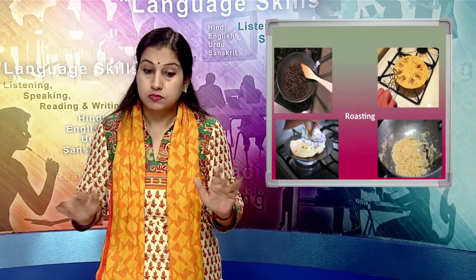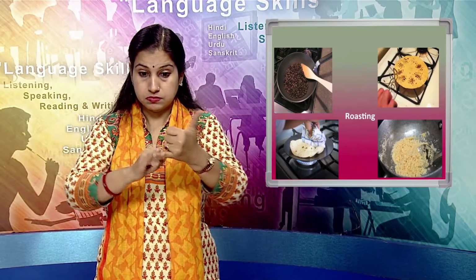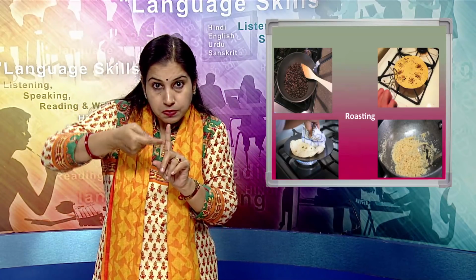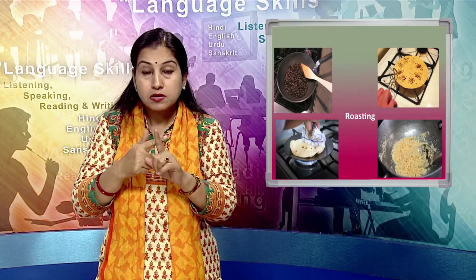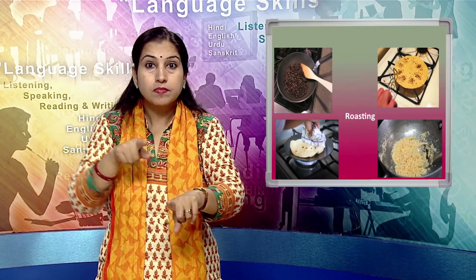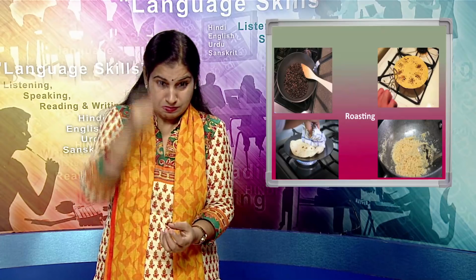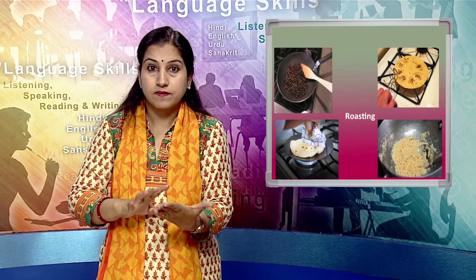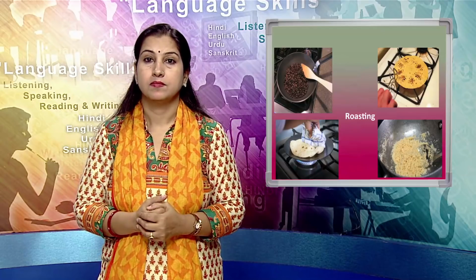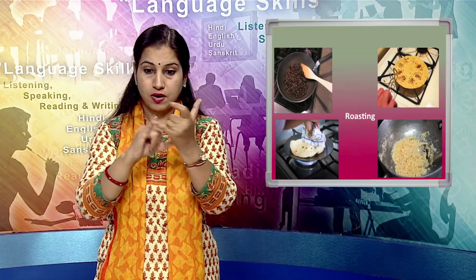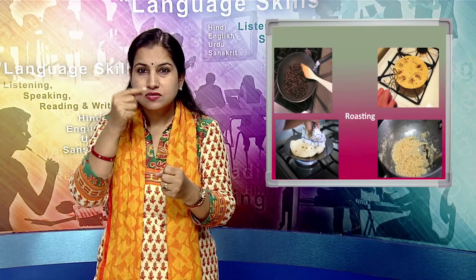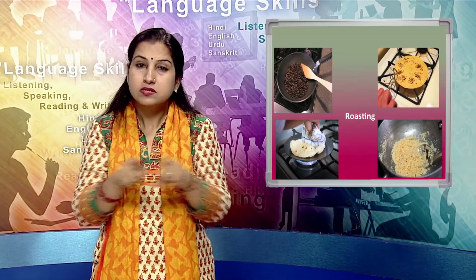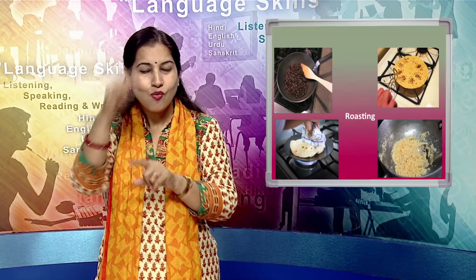The sand tends to increase the temperature and at the same time prevents burning of seeds. Example, roasting of chana. Roasting of some vegetables like brinjal is done directly on fire also.